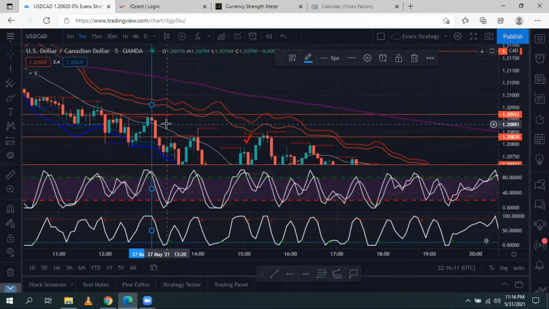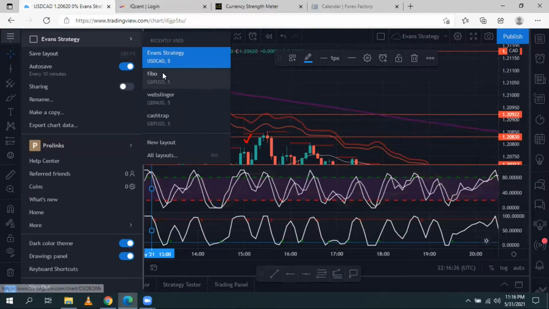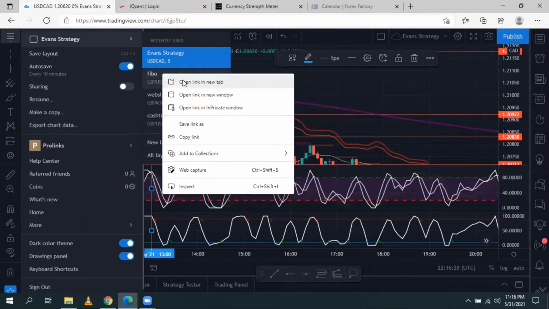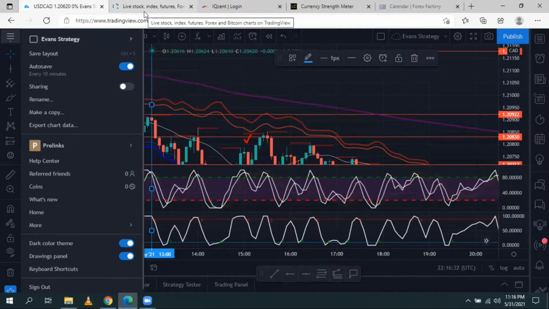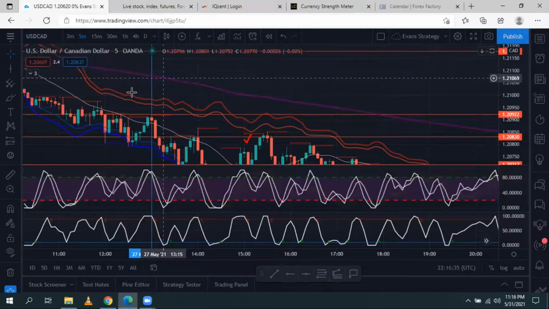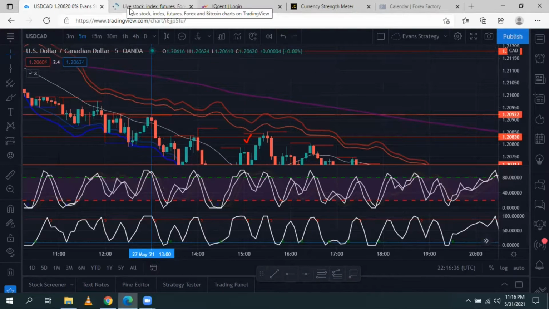Obviously, I use this strategy just to know overbought and oversold, but it is a strategy I've taught someone that is more profitable for them than for me. I have my own strategy that I use, but that doesn't mean you should use that as well. That doesn't mean I'll not do a video on my strategy. It's coming.